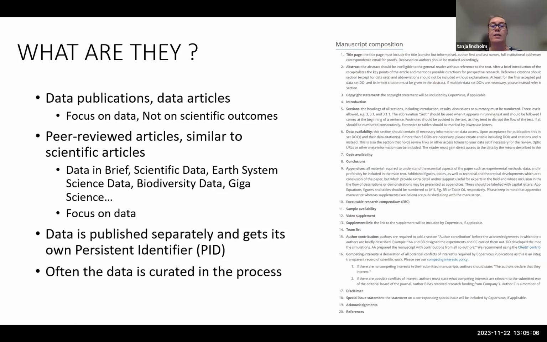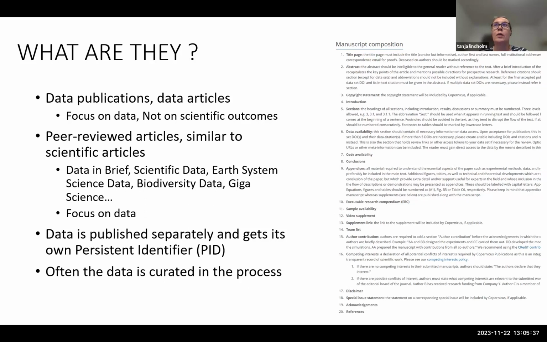The difference is that it's not focusing on the scientific outcomes, but rather on describing the data. As with a normal article, the data is also published separately in a repository, and it gets its own persistent identifier and a citation.